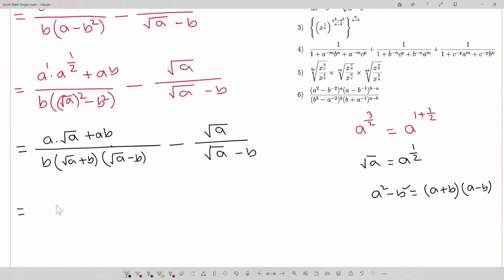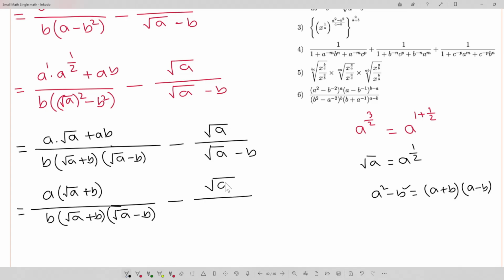Next, we can take a common, so we get root a plus b divided by b root a plus b times root a minus b, minus similarly root a divided by root a minus b.